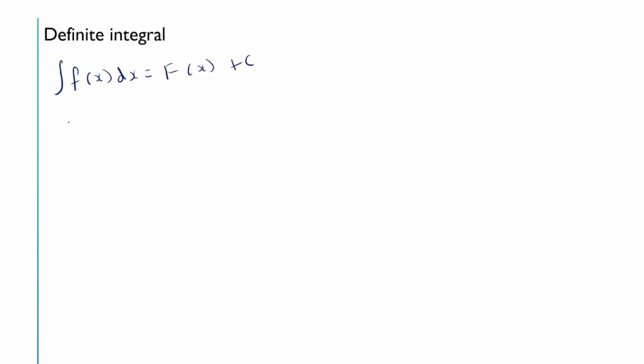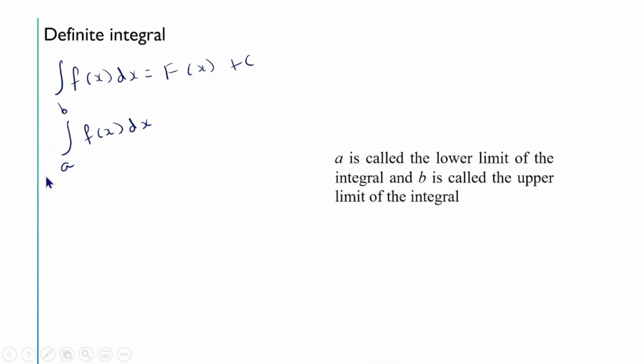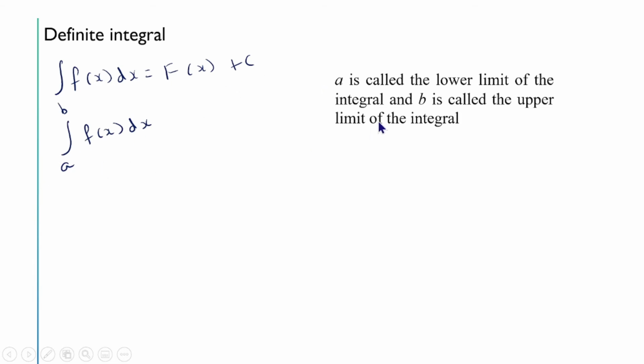If we have certain limits for this integral, say integral a to b f of x dx, then such integrals are called definite integrals. Here a is called the lower limit of the integral and b is called the upper limit of the integral.